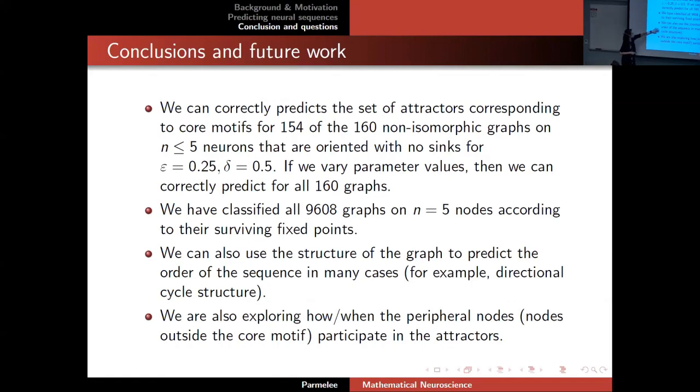Then the other big part, a paper that we just submitted over the summer, is that directional cycle structure. Can I break the graph into these different components and see where the behavior is going to flow? If I can create this sort of cycle, then I know these neurons are going to fire first, and then the next ones in the cycle are going to fire.